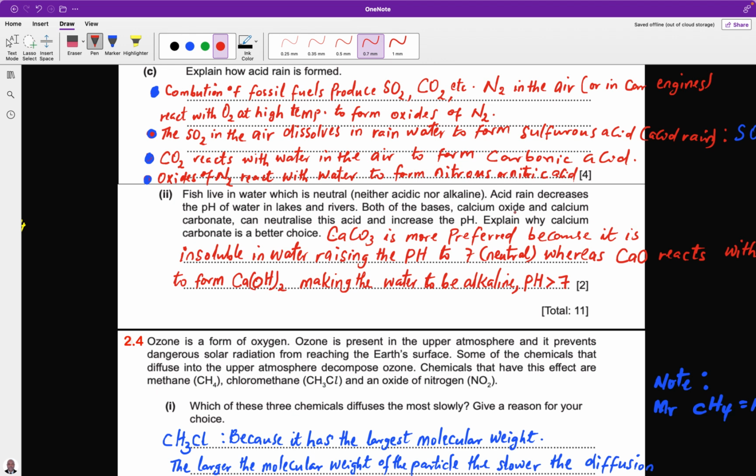For that purpose, alkaline has a high pH. So the water will be alkaline and not suitable for the fishes.